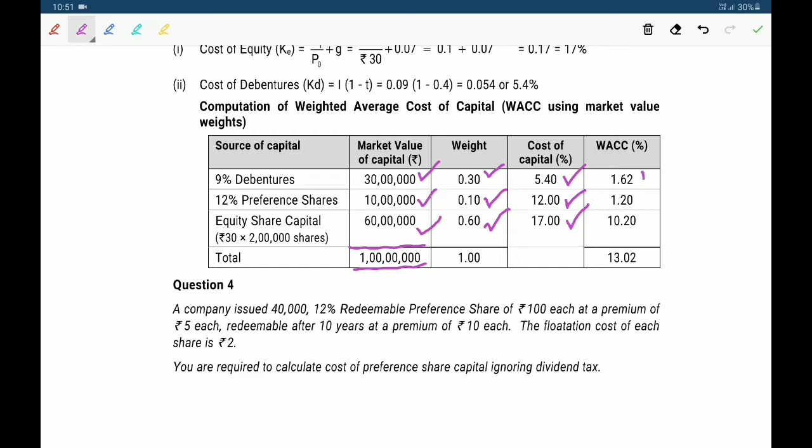Now multiplying by respective weights, it gives a total of 13.02% as the weighted average cost of capital. Okay, it's a simple problem.